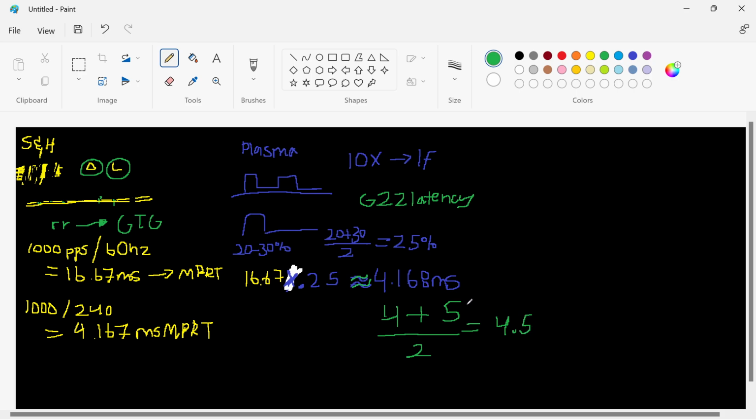I should have known that, but okay, so it's going to be approximately 4.5 milliseconds, depending on the kind of plasma you have. This is just different depending on model and age and whatnot.